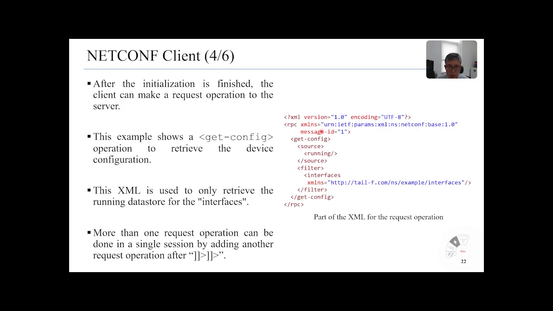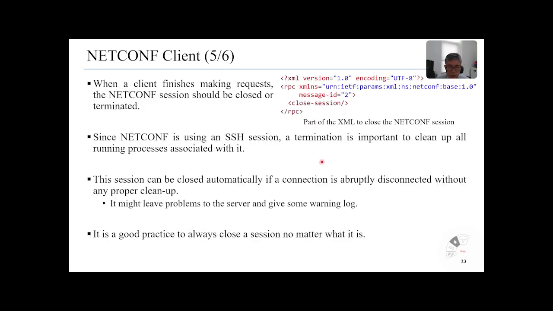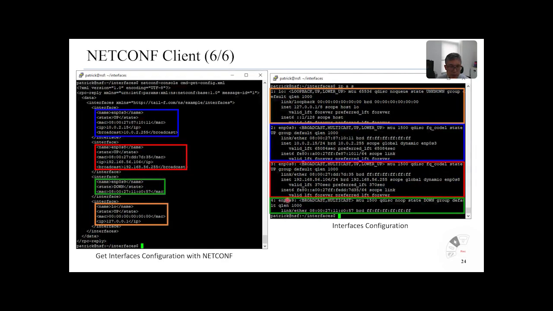You can get the remote NETCONF server's IP interfaces retrieved. So this is the local IP addresses: your loopback interface and other interfaces are displayed using this get-config.